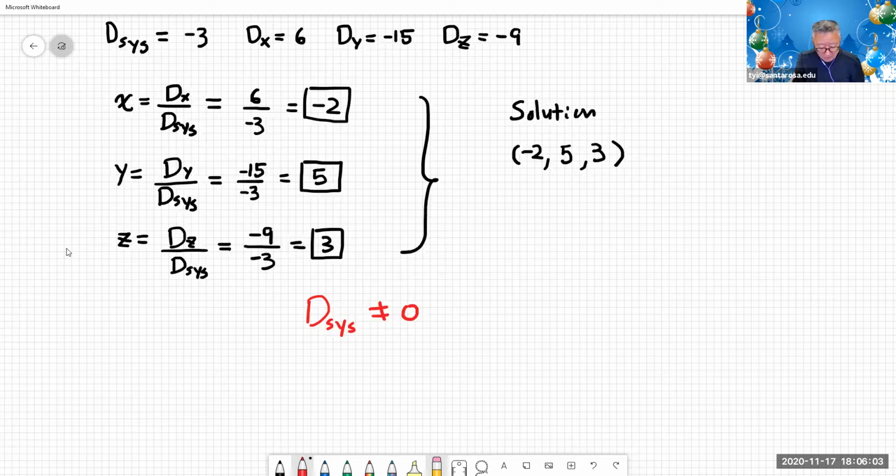Okay, but like I said, this is another method that you can use to solve the system of linear equations. So you will have the opportunity to demonstrate both Cramer's rule and Gaussian elimination in the next take-home exam.